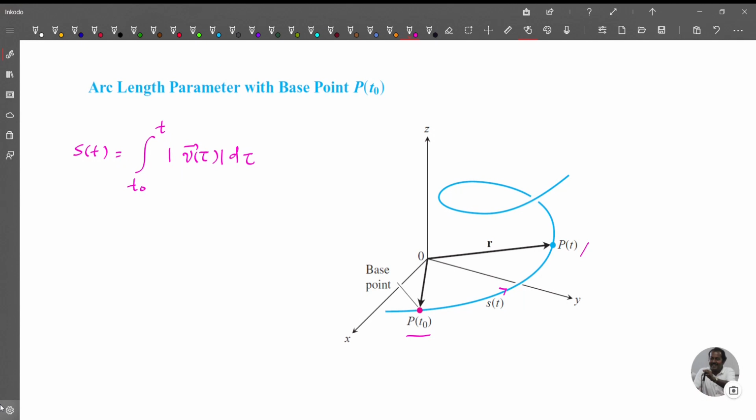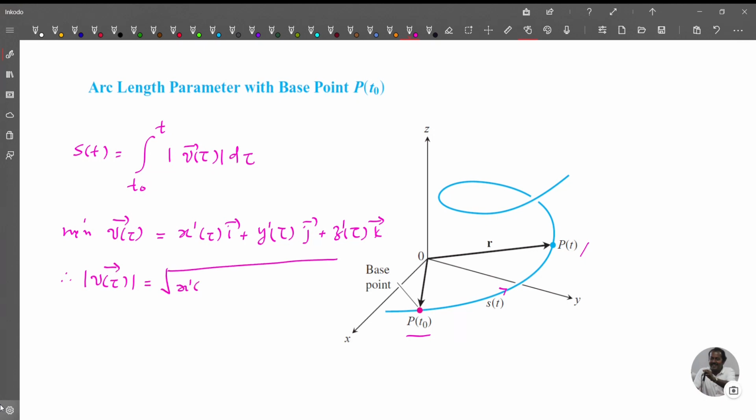And we have v of tau is x prime of tau i plus y prime of tau j plus z prime of tau k. Therefore modulus of v of tau is square root of (x prime of tau) the whole square plus (y prime of tau) the whole square plus (z prime of tau) the whole square.